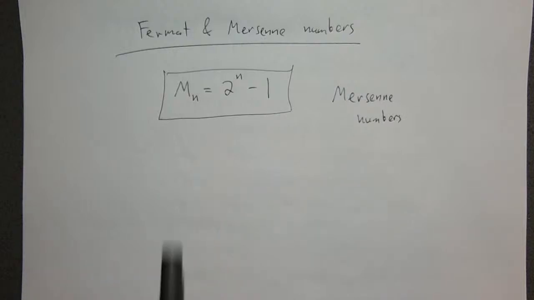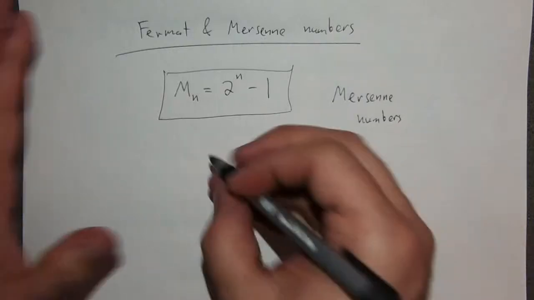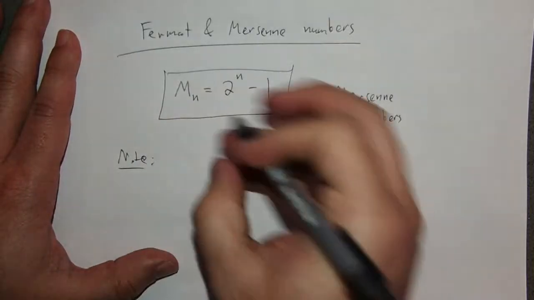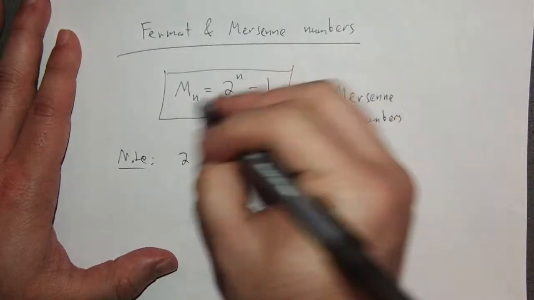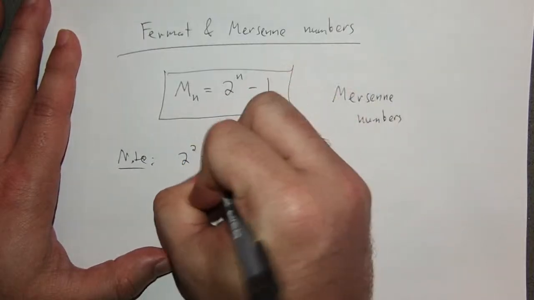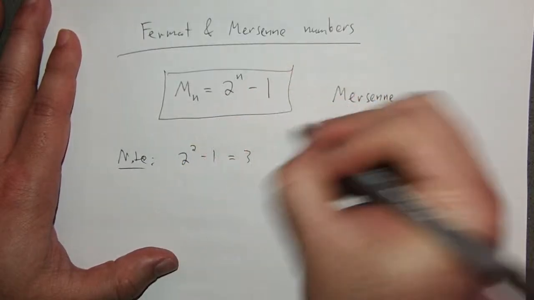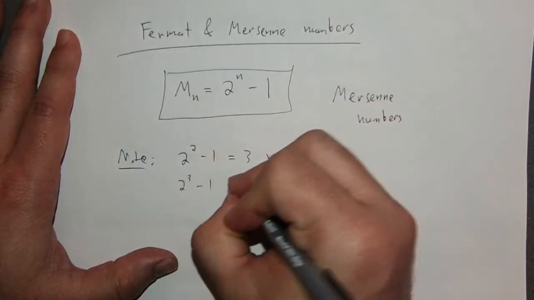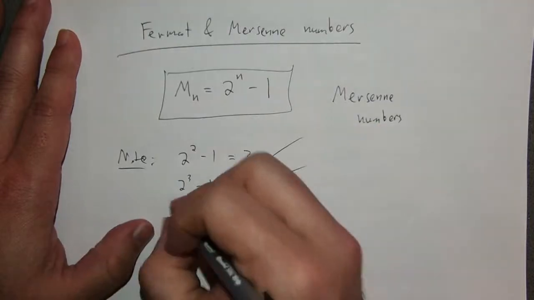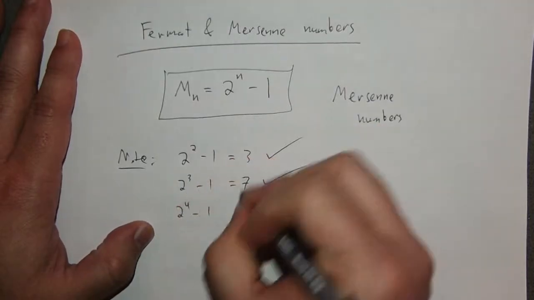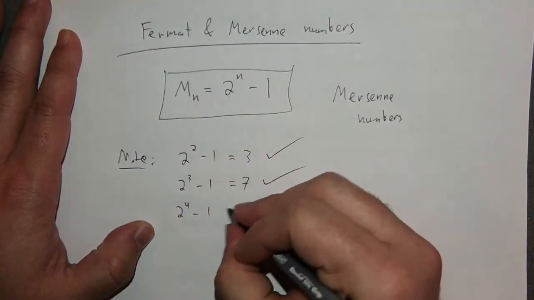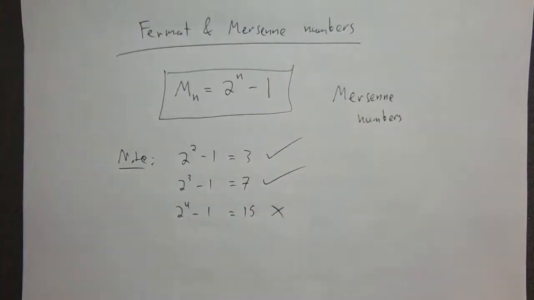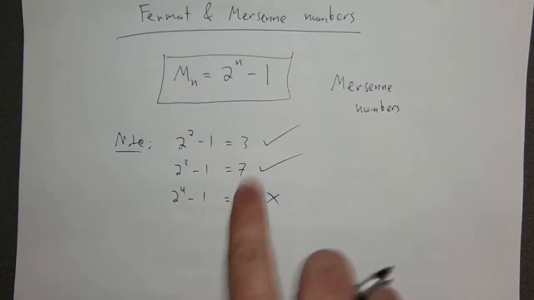You can immediately come up with, for instance, 2 squared minus 1, well, that's 3. That's prime. Okay. 2 cubed minus 1, that's 7. That's prime. Okay. 2 to the 4th minus 1 is 16 minus 1, so that's 15. That is not prime.